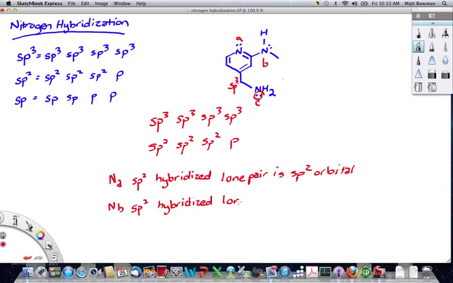Its lone pair is in a p orbital. Nitrogen C is sp3 hybridized.